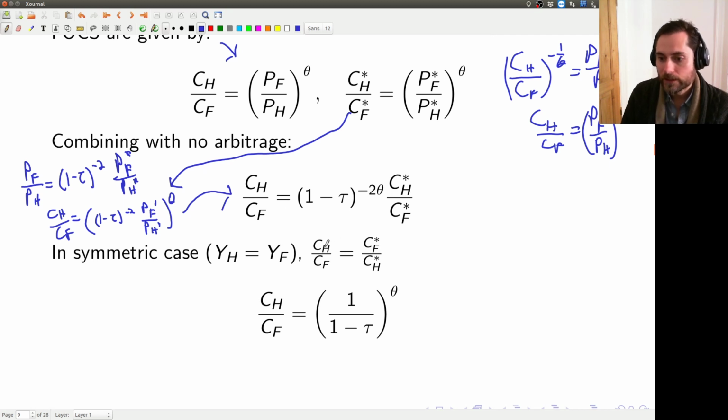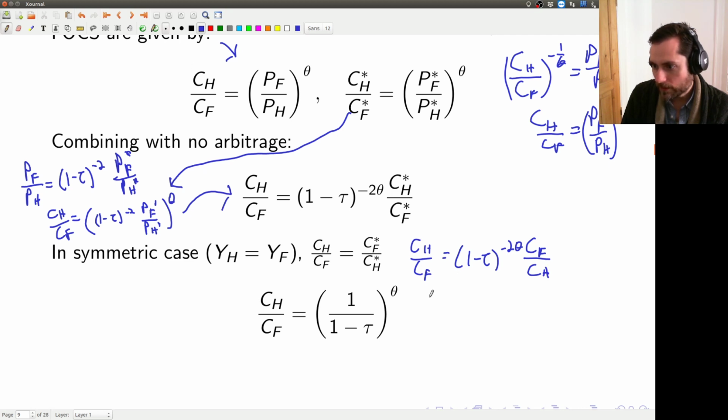So if that's true, then we can actually just replace CH star divided by CF star with CF divided by CH. So then we're going to get CH divided by CF is equal to 1 minus tau, negative 2 theta. And then here, CF divided by CH. Okay? So multiplying both sides by CH divided by CF, we're going to get CH divided by CF squared is equal to 1 minus tau to the power negative theta, squared.